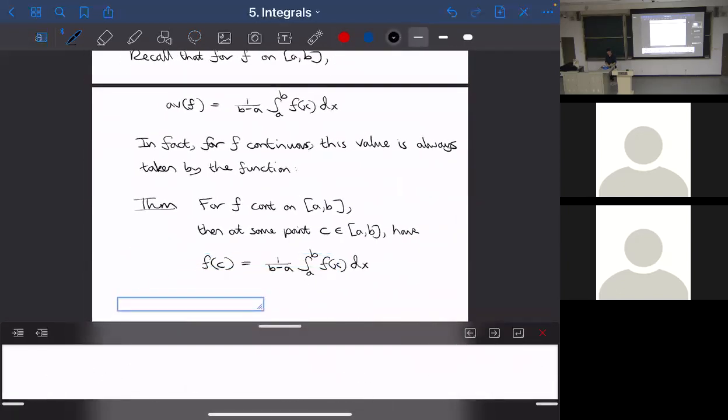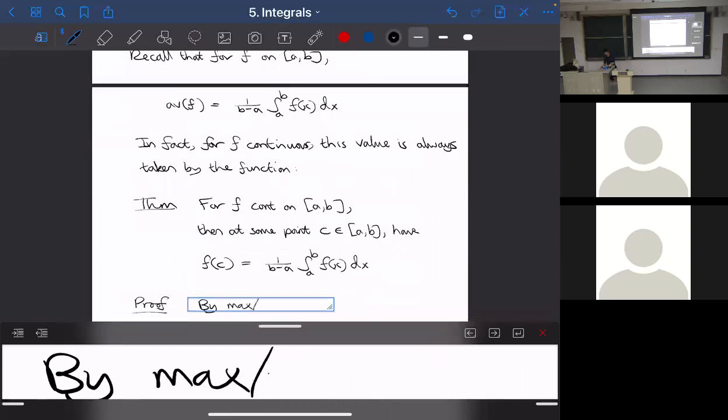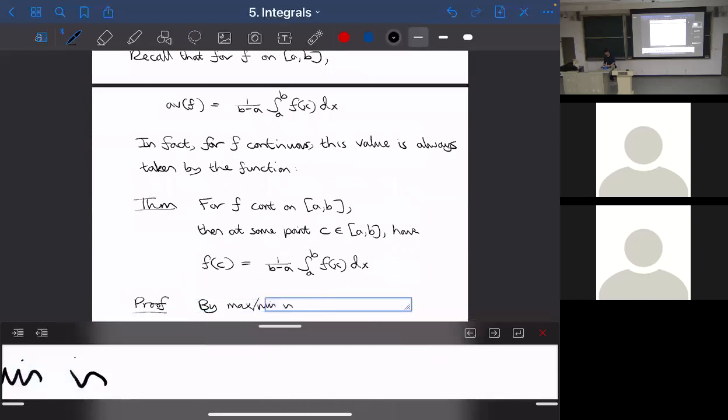So we can actually prove this by, did we call it the min-max or the max-min inequality? I'm not sure. By the max-min inequality.